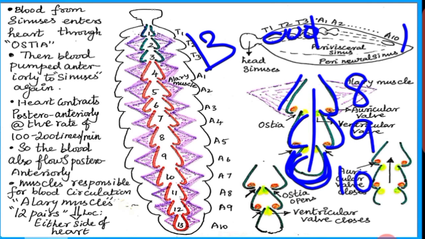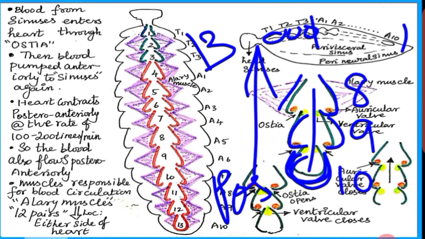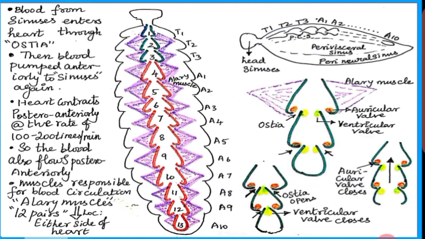So blood flows in the posterior to anterior direction. How is it possible? Because the heart has 2 walls, right? One is the auricular wall, which is located on the lower surface of the heart chamber.